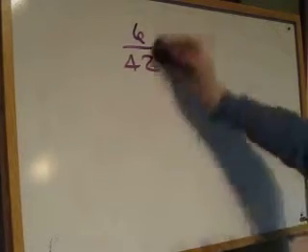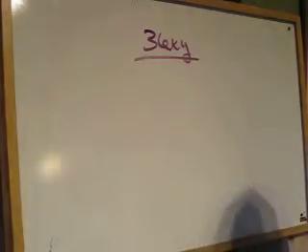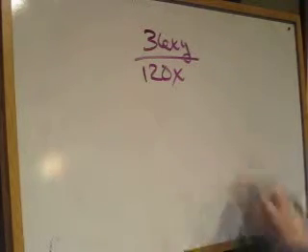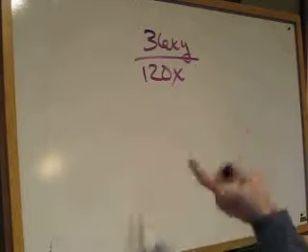Okay, so that brings us to one more here, and then we'll call it good for this lesson. Let's do 36xy over 120x. Alright, that being the case, we're just looking at the numbers right now.